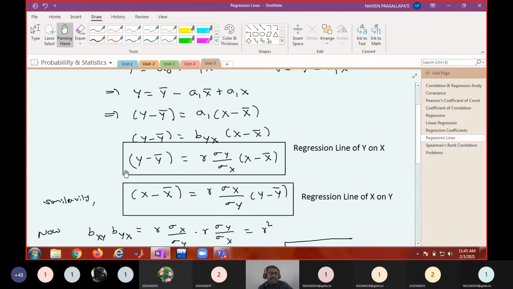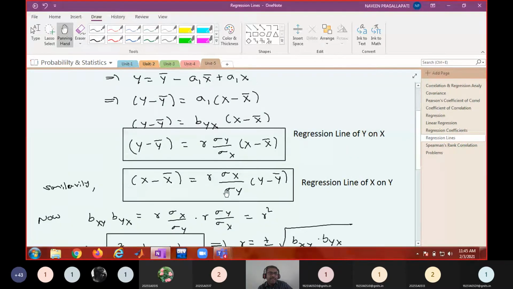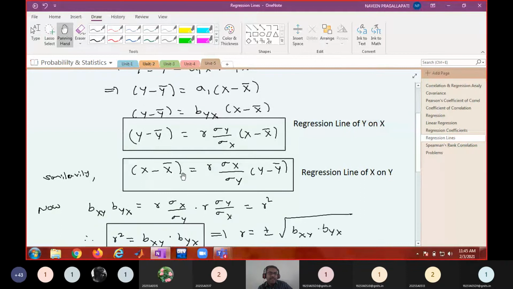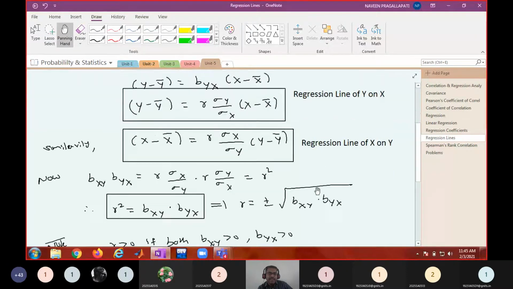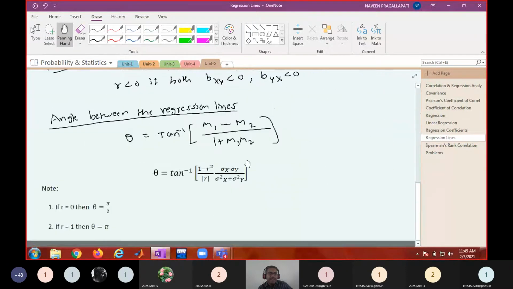The regression line equation can be written in another way like this: y minus y bar equal to r into sigma y by sigma x into x minus x bar. This is the byx. In a similar way you can write bxy also: x minus x bar equal to bxy into y minus y bar. After that we have seen the formula for the angle between two lines.